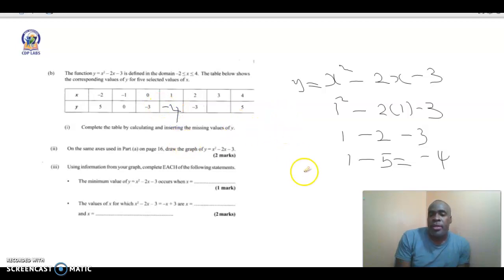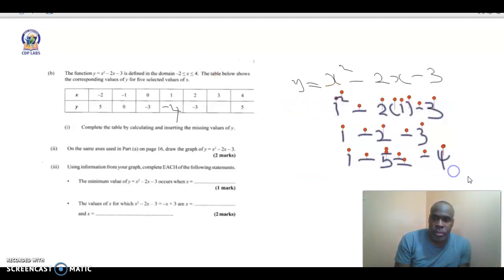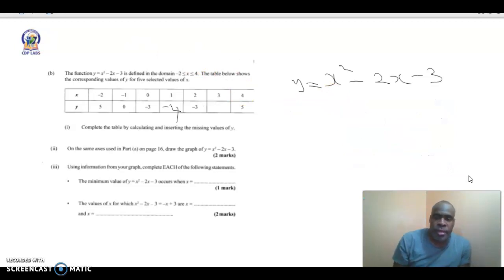Good. Then we're going to substitute with 3 as x. So 3 squared minus 2 bracket 3 minus 3.